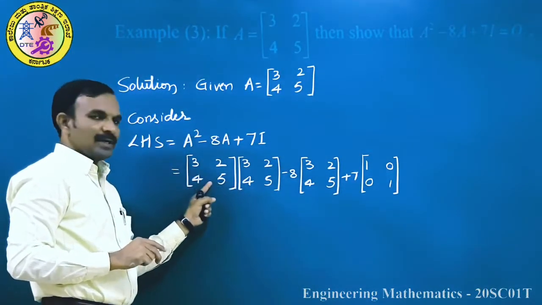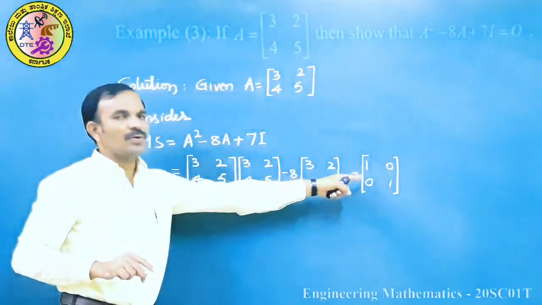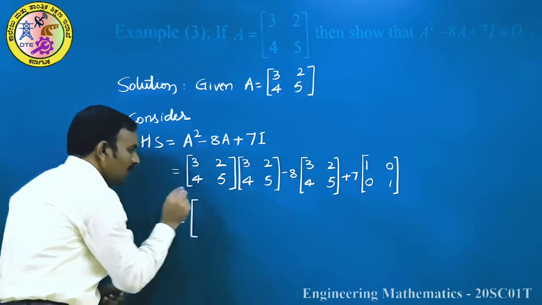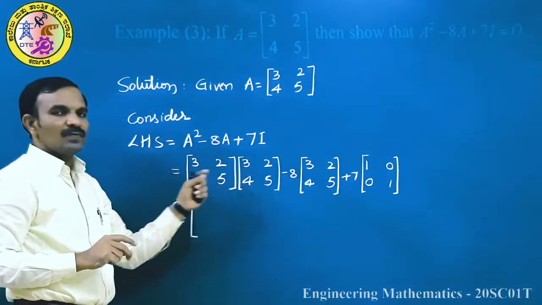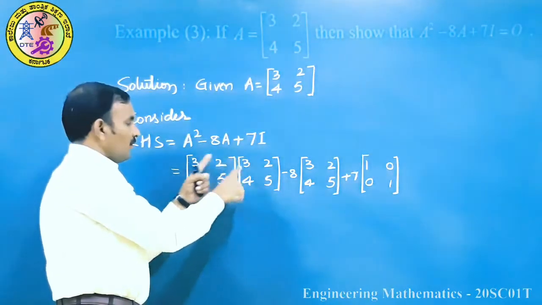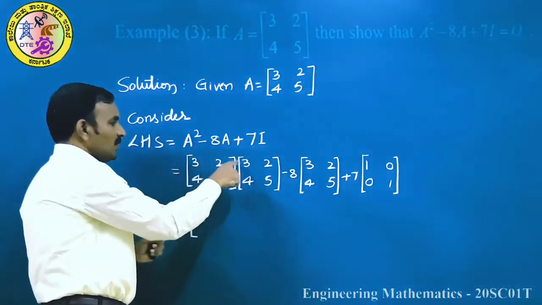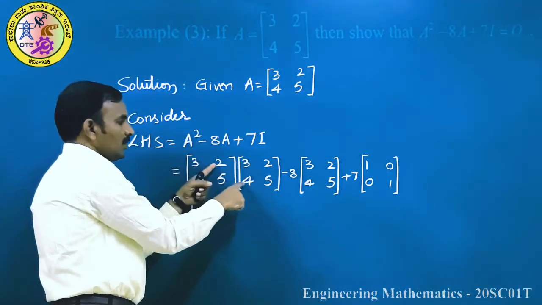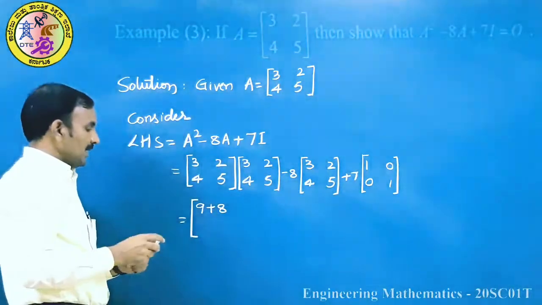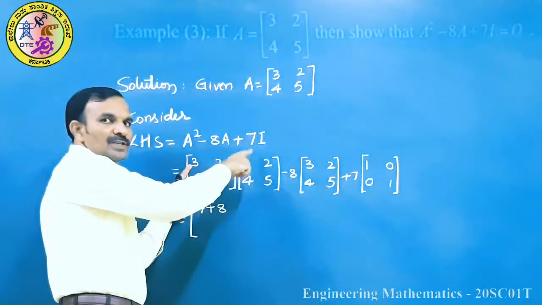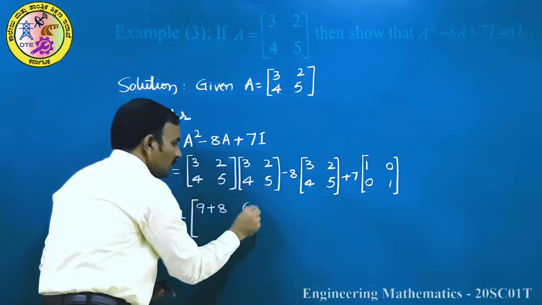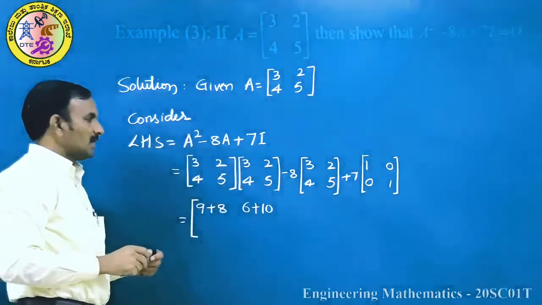Now first multiply A into A, then 8 into A, then 7 into I. To multiply A into A, follow the row by column method. First row first column: 3 into 3 is 9, 2 into 4 is 8, so 9 plus 8. Next first row second column: 3 into 2 is 6, 2 into 5 is 10, so 6 plus 10.